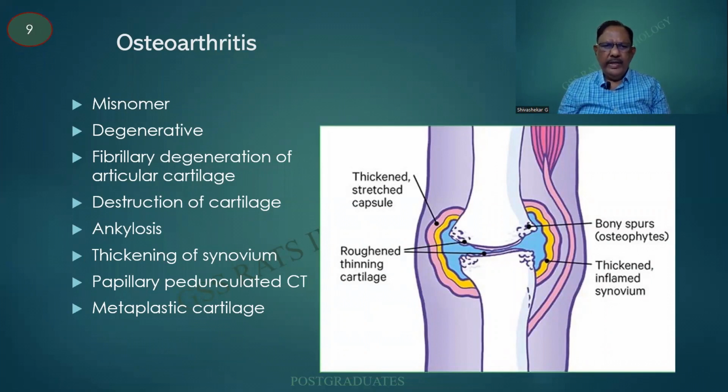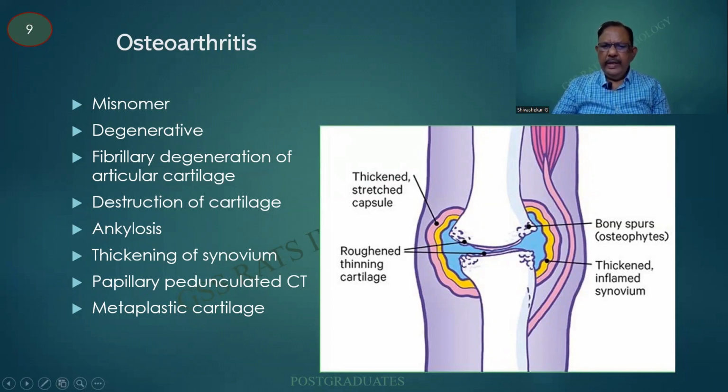One of the important diseases associated with the synovium is osteoarthritis. Osteoarthritis is basically a misnomer. It is considered to be an inflammation of the joint, whereas it is actually a degenerative disorder. There is a fibrillary degeneration of the joints.